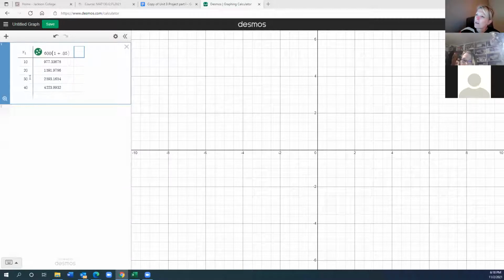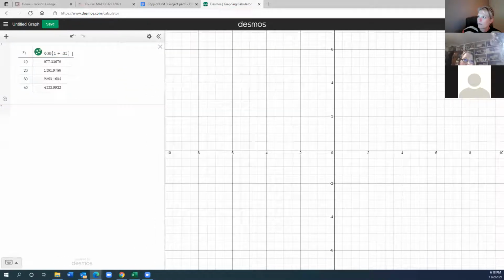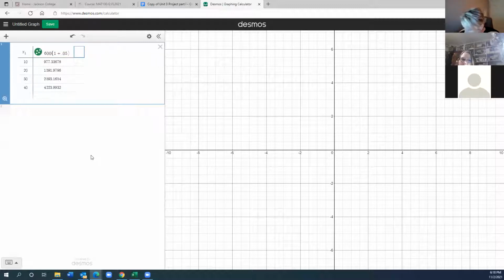Okay, so I have my first column here with the years 10, 20, 30, 40. Then my second column is the compounding annually piece, which you can't really see the formula very well because it only shows so much. Actually, I'm going to widen this so that you can see it more. And then the third column is the simple interest.